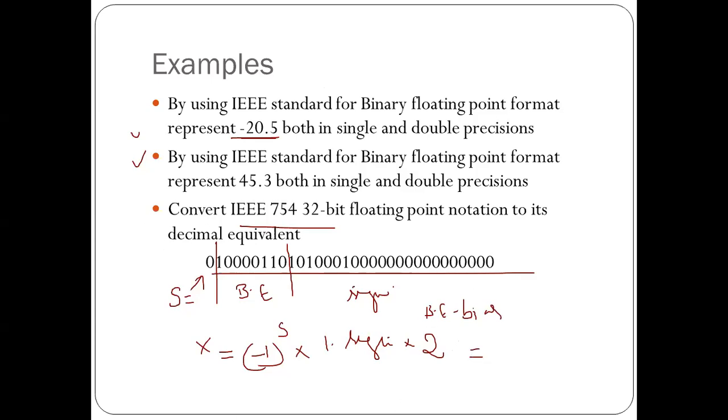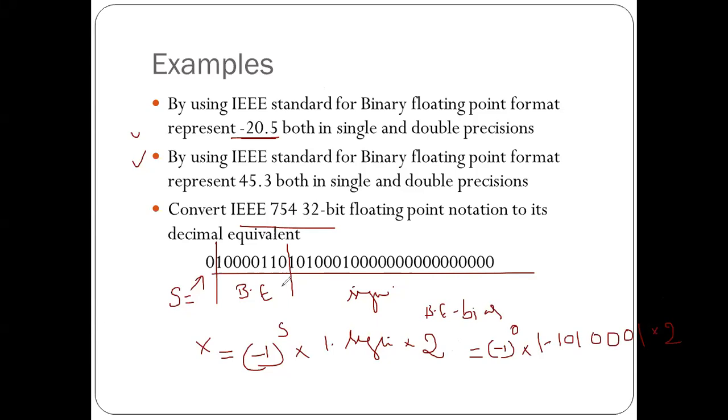Minus 1 whole power s, s is equal to 0 here. So minus 1 whole power 0 into 1 dot significand field 1 0 1 0 0 0 1. Later on all are zeros, so you don't need to mention them. And then 2 power biased exponent is this much. How much is this? You can apply powers here.